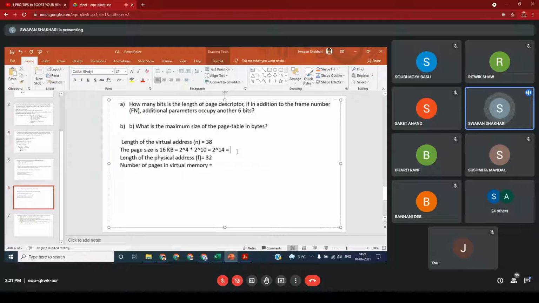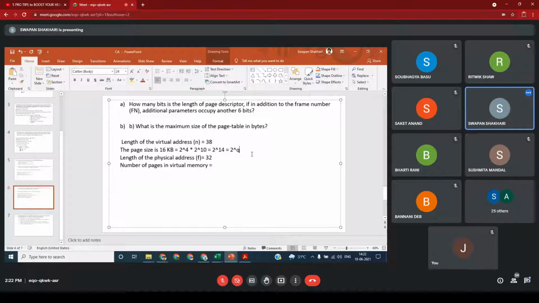So we can represent this as, so this 14 we will use. So we need this 14 bit. Okay. So you can represent this as 2 to the power some other number.